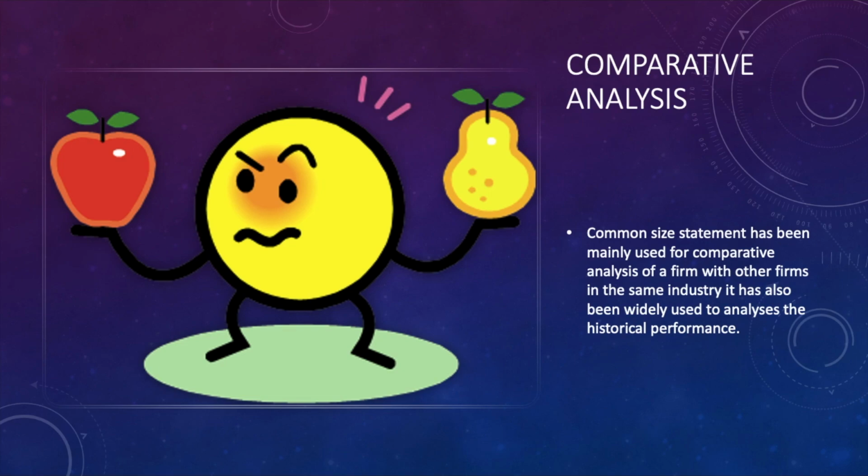So why do we use common size financial statements? Mainly we use them to do comparative analysis. Let's take an individual company like Coca-Cola and look at how it has been doing from 2015 to 2024.